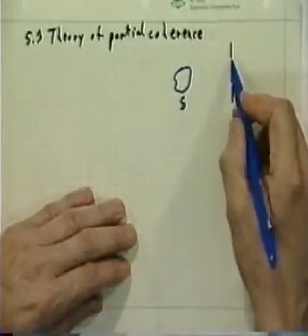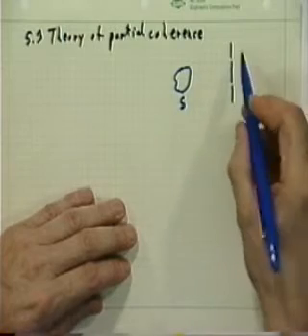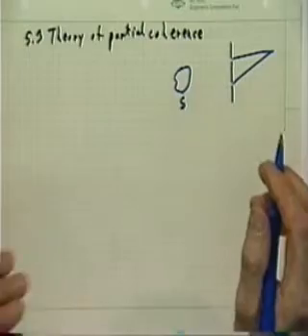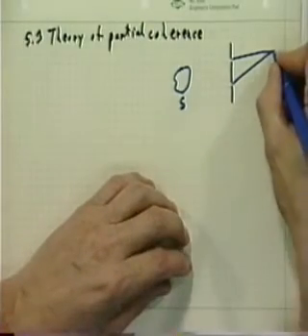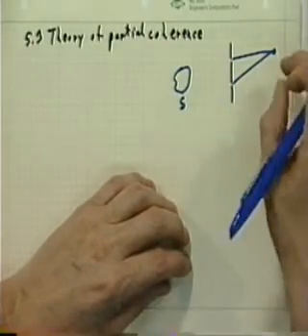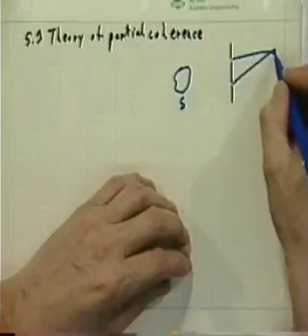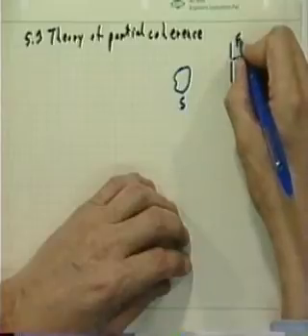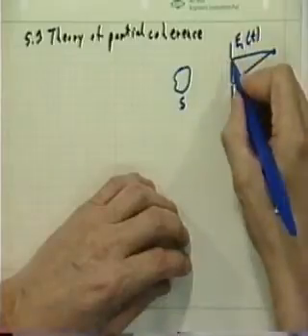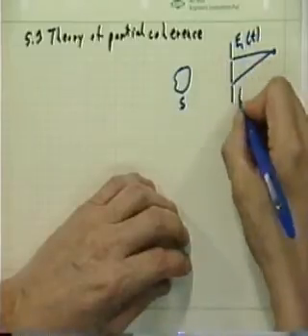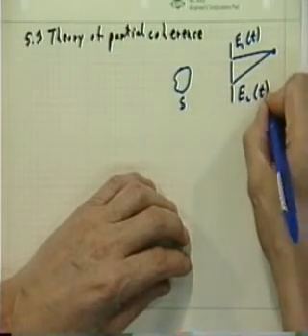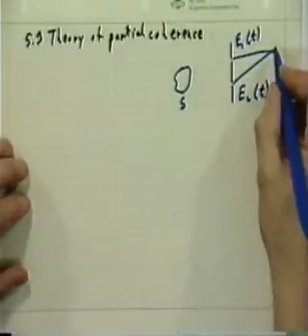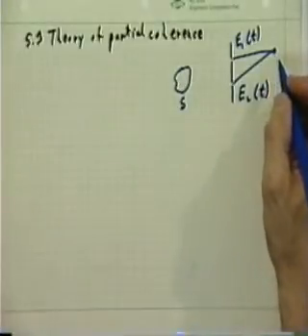I'll put a small pinhole here and a small pinhole there, and in some way I'm going to combine the two beams, maybe by diffraction or prisms or mirrors, at a point P. And it's going to turn out that by looking at the contrast of these fringes, I can determine the coherence between the electric field at this point, E1 of t, and the electric field down here, E2 of t. So the important thing here is really going to be fringe visibility.